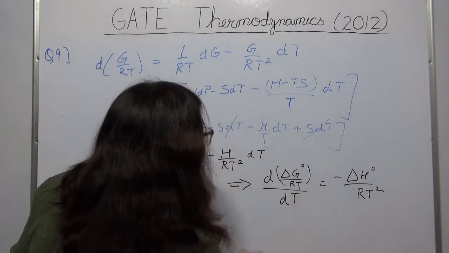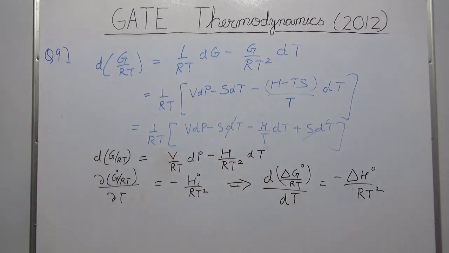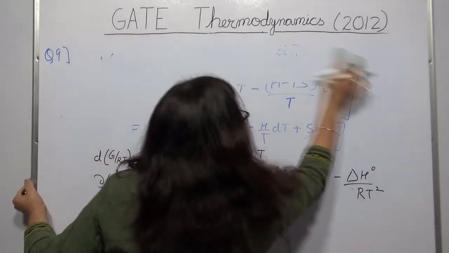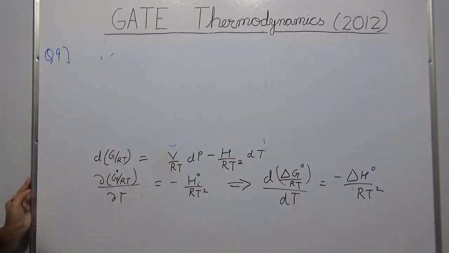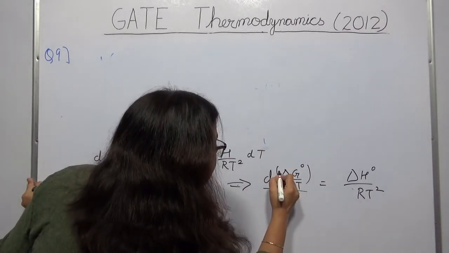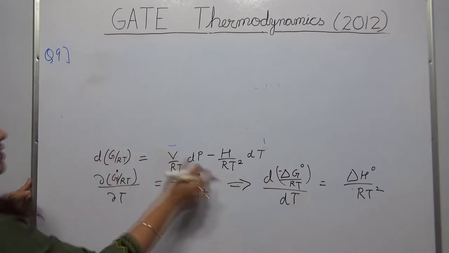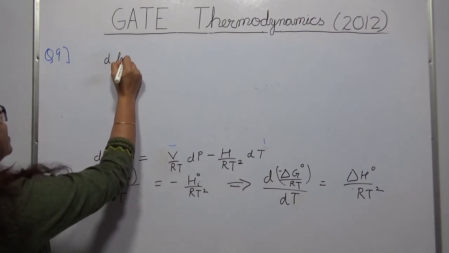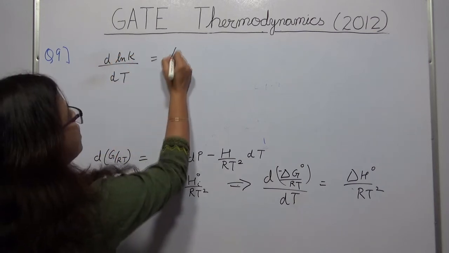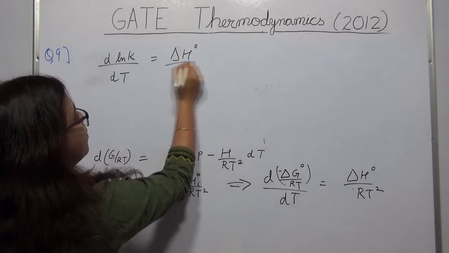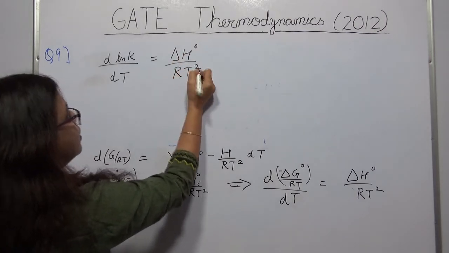Okay, so I can write this now as, I will erase this. So the relation which we get is, I will take the negative sign over here, and then I can write this as d of ln k by dt equal to delta H0 by RT square.